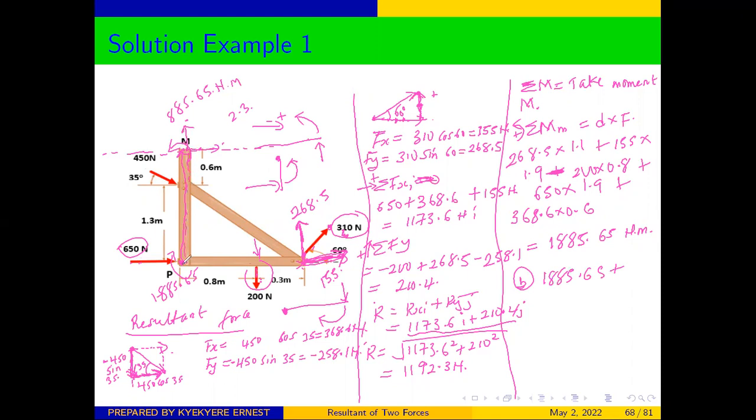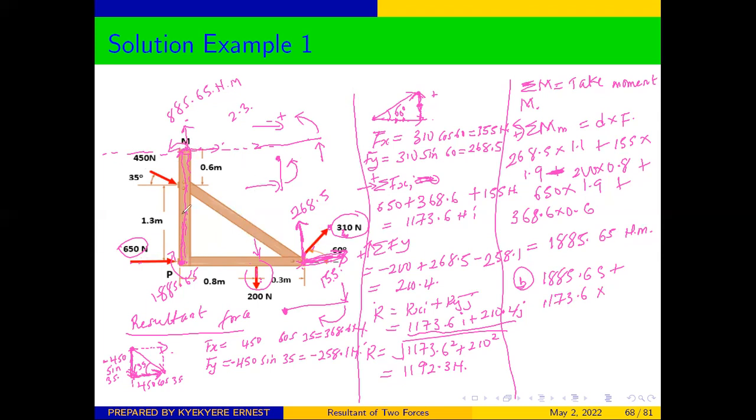So even if you bring it to P, the Y component has not changed its line of action. The only one that changes its line of action is the S component. Therefore, you add a moment for the S component, which is going to be 1173.6 times the distance from our new point to where the force was originally applied.